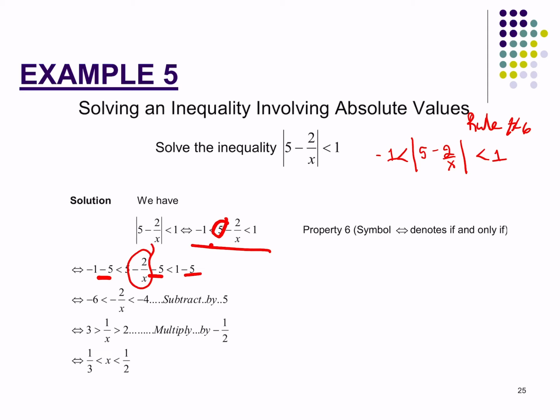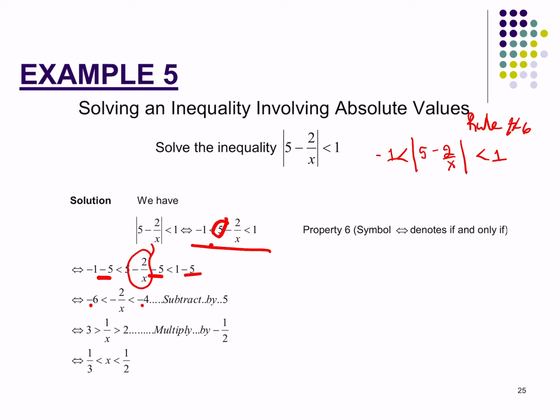And then you have to multiply by minus 1 by 2, to remove this minus 2. So you have to do that on this side and this side as well. Then you will get 3 less than 1 by x, because you multiply with the minus sign, so the less than sign will be changed. The greater than sign will also be changed. Therefore, you have 3 less than 1 by x, and 1 by x is greater than 2.